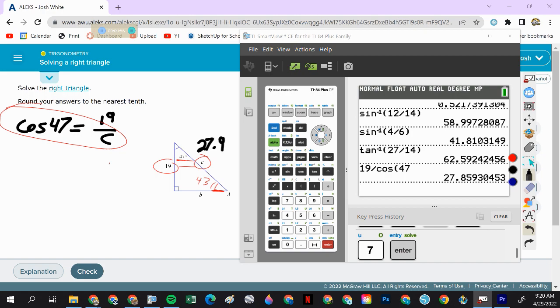So this is 27.9. Now, here's something you have to be careful about. When I solve for b, should I do the tangent or the sine? Which one is a better idea? Technically, it doesn't matter, but why is tangent a better idea?